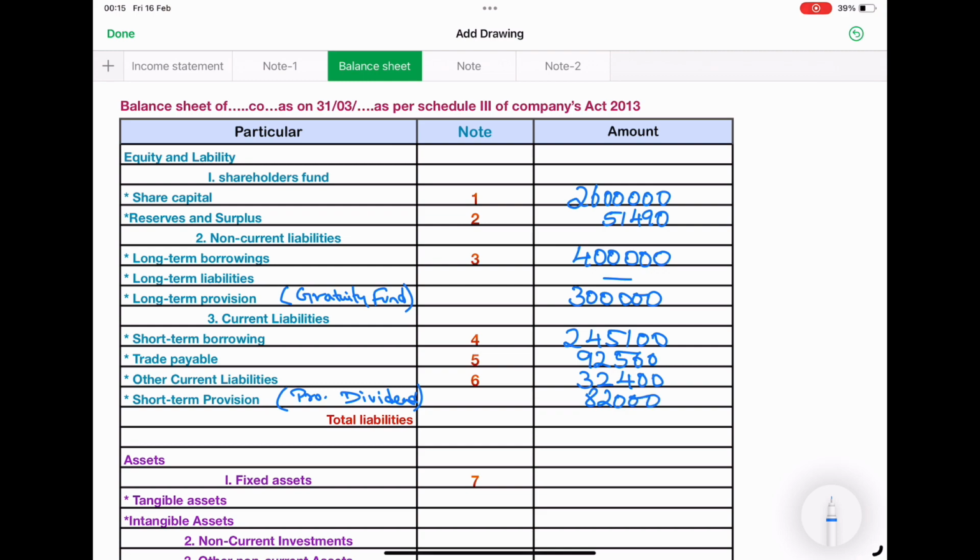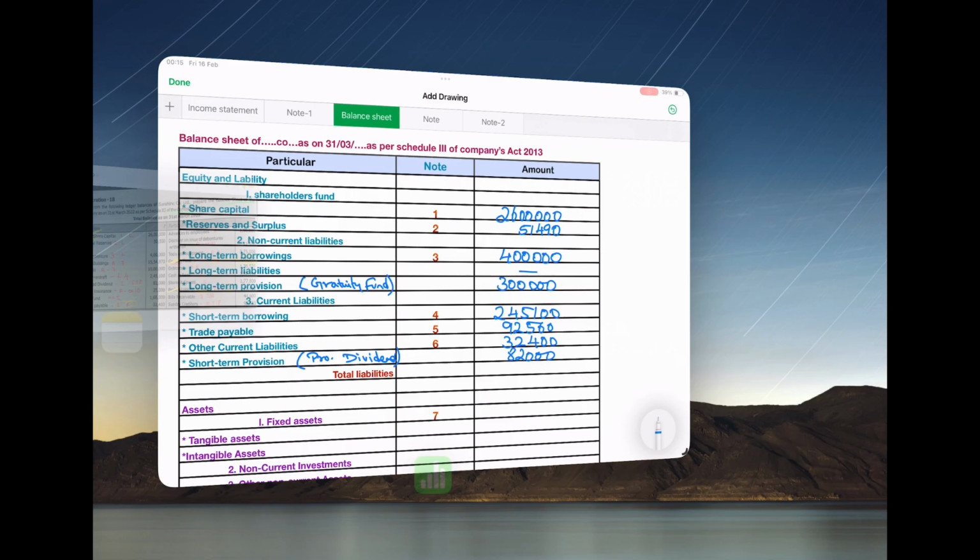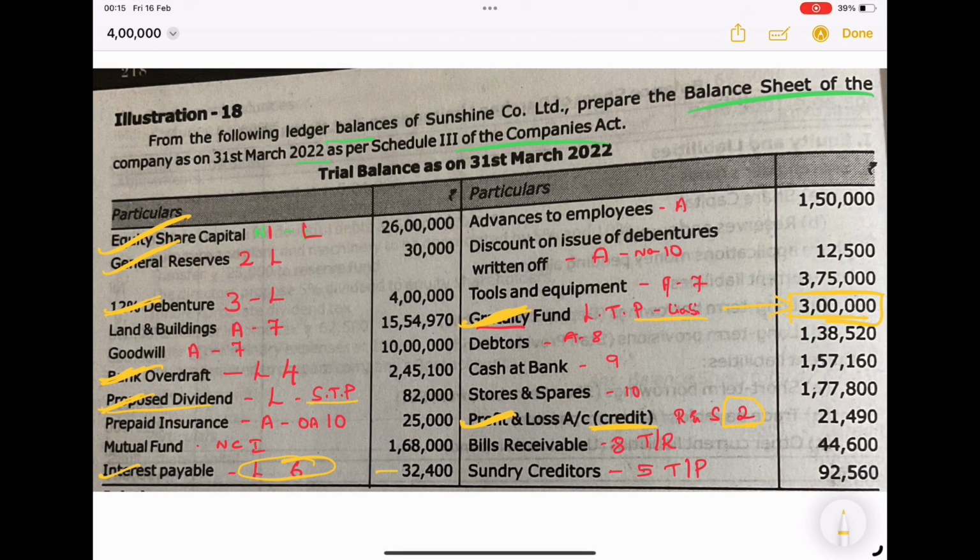Okay, so we'll cross verify once again. Mutual fund is my investment, and advances to employees is also my asset. So here this liability has been done. Debtors, sundry creditors we have already written in note 5. So all my liabilities I have completed.